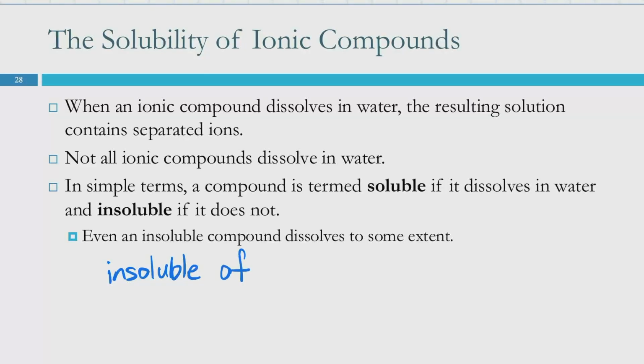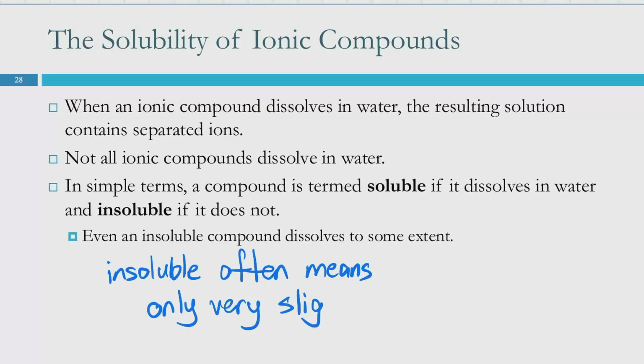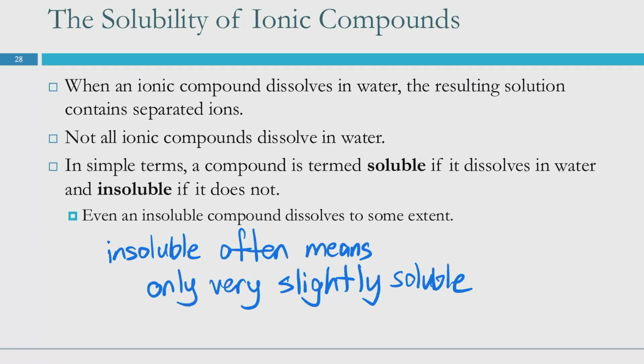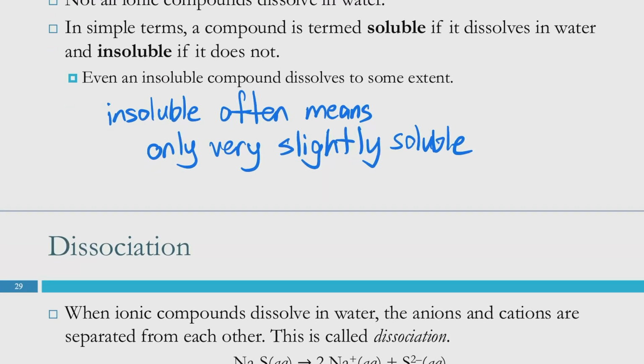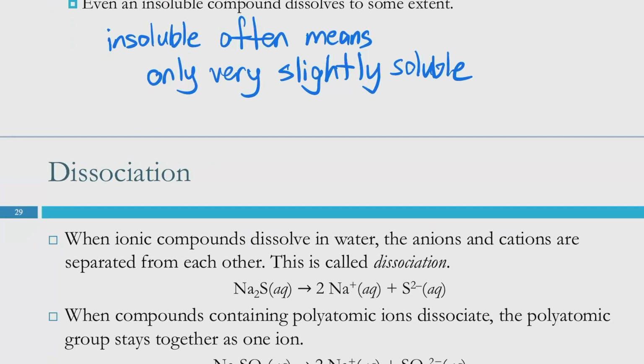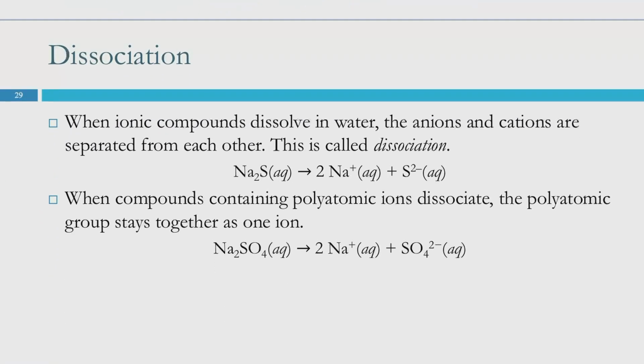So it may be soluble, but only to a very small extent. And I don't think that we're going to be talking about the extent of solubility too much in this class, but you'll learn all about that in Chem 2. So it might be slightly soluble.